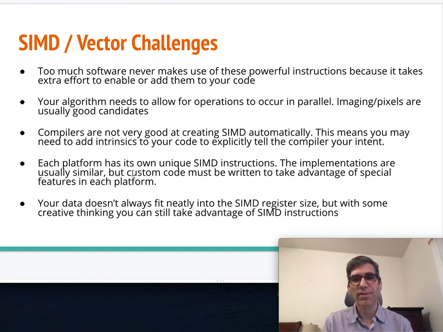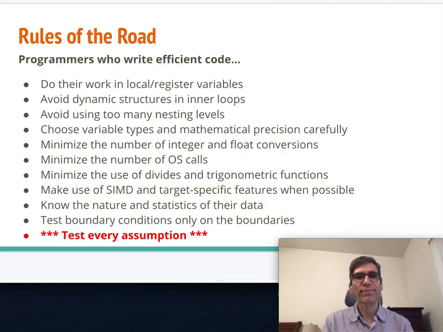So it adds quite a bit to the complexity, but if you need speed, that's what you're going to have to do. And as I said before, if your data doesn't fit neatly into the SIMD register size, you can still sometimes make use of SIMD with a little bit of creative thinking, but the compiler generally will not do it for you.